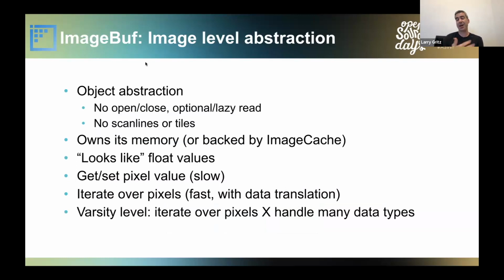It owns the memory, the application doesn't need to, and it just looks like a float array. You can access individual pixels if you have to, but that's not really the main thing that you're doing with it. Although, as an advanced implementer, there is an efficient way to iterate over all the pixels and handle the cross product of all the different data types that they could be, but most ordinary users don't have to do that.